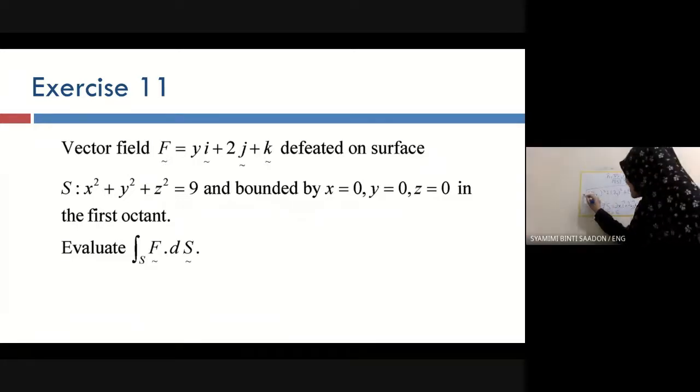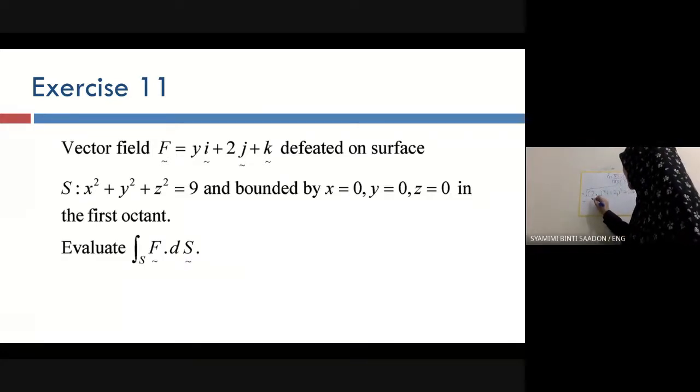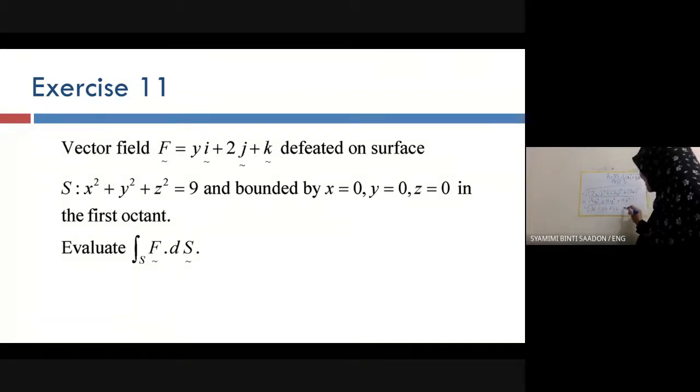Okay, so 4x square plus 4y square plus 4z square, square root, and then just now 3 squares, 36 plus 36 plus 36 square root.